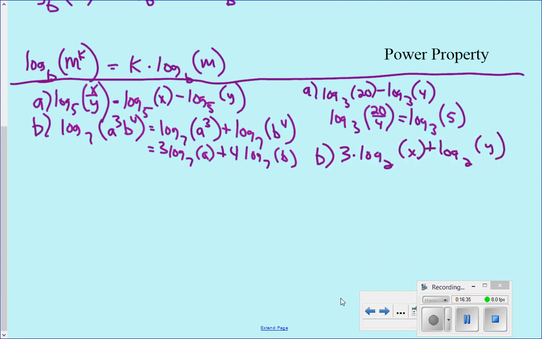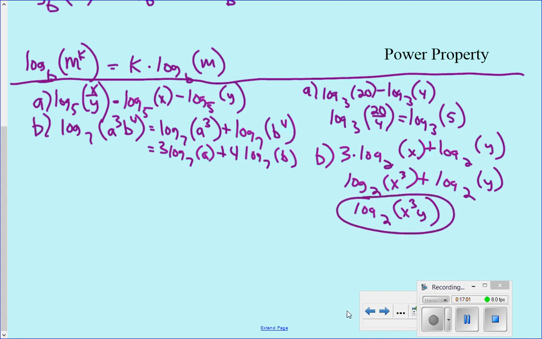So I'm first going to apply the power property, because remember, normal order of operations, so that would give me log base 2 of x cubed plus log base 2 of y. And next I'm going to apply the product property. So log base 2 of x cubed y. And that is my answer for letter B.